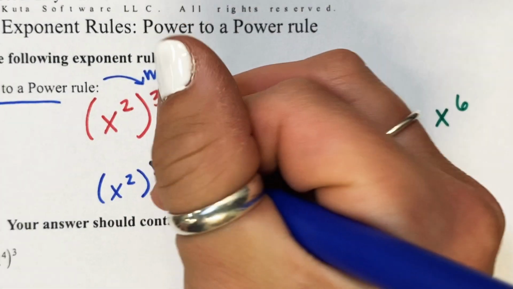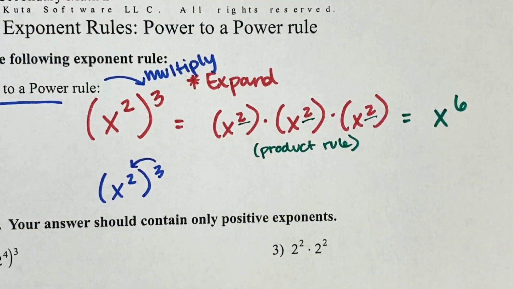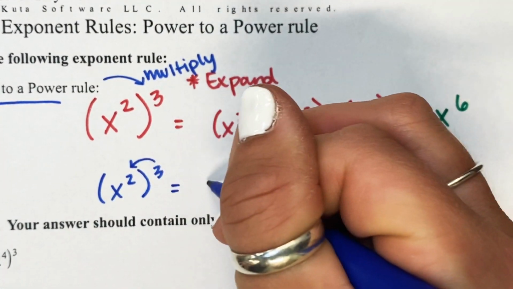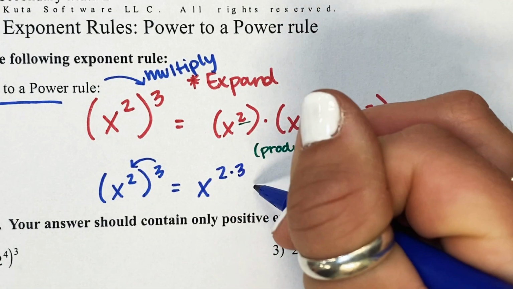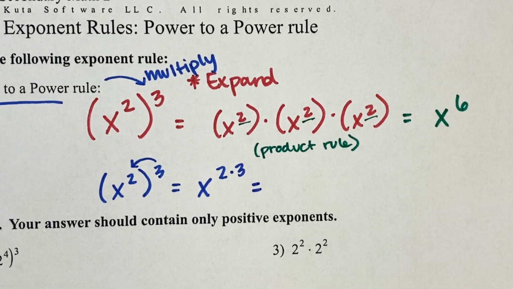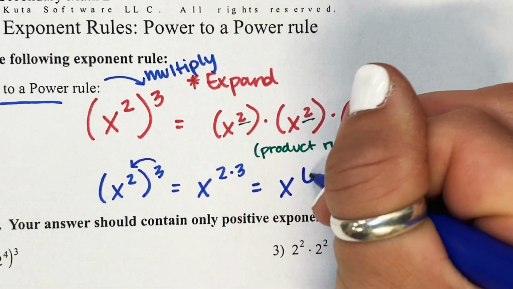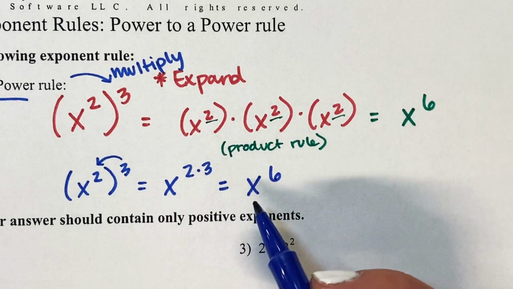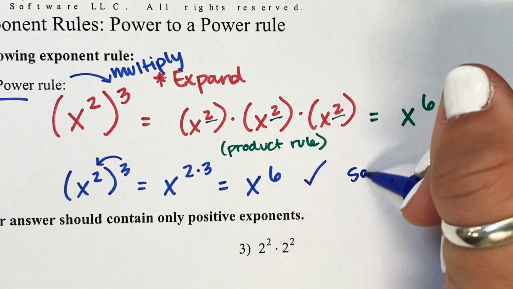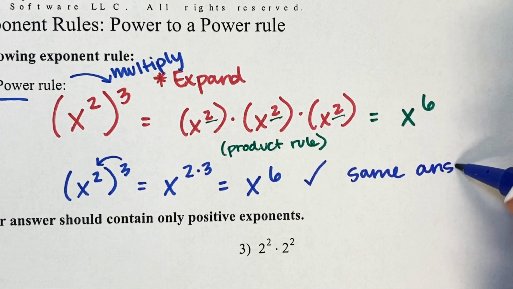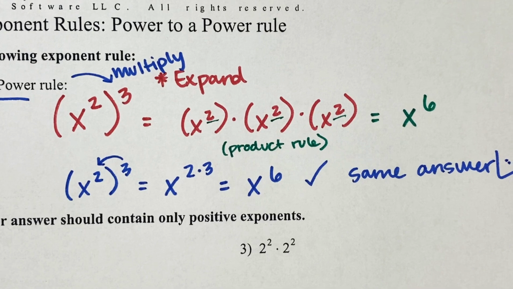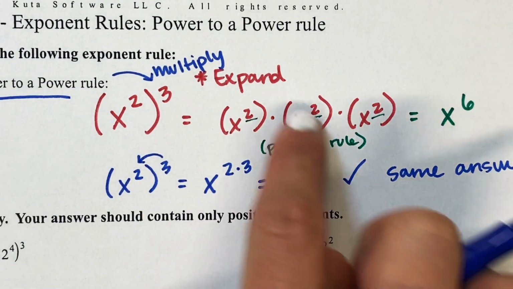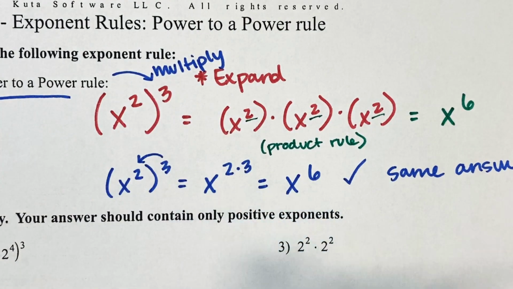What we're going to do is take that 3 and multiply it: x to the 2 times 3. What is 2 times 3? Great job. x to the 6th. So we got the same answer. That's basically our definition of what's happening with the power to a power rule.